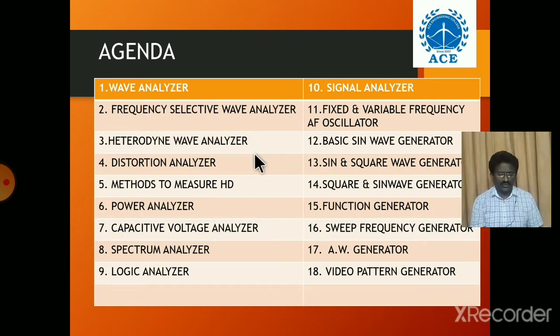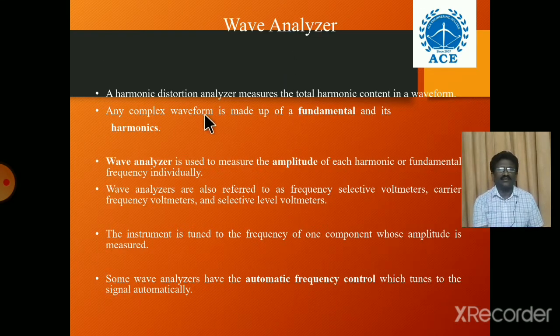Now I will start from wave analyzer. Wave analyzer is a harmonic distortion analyzer. It means the total harmonic content in a waveform: any complex waveform is made up of the fundamental and its harmonics.